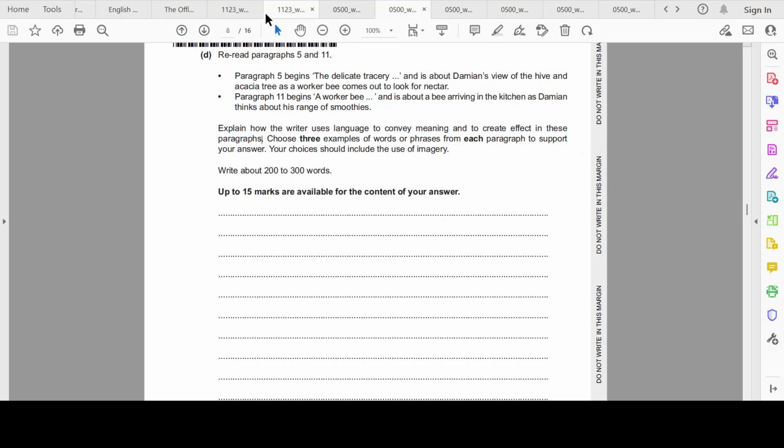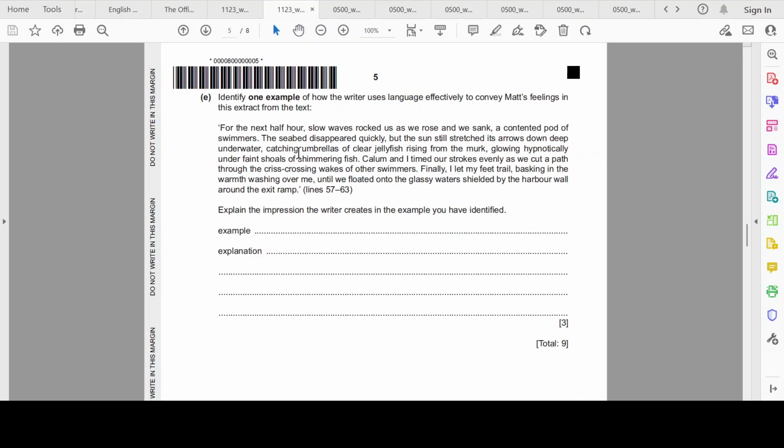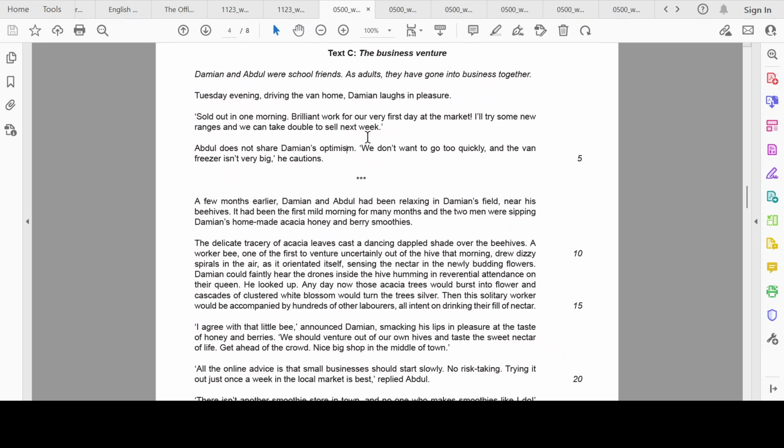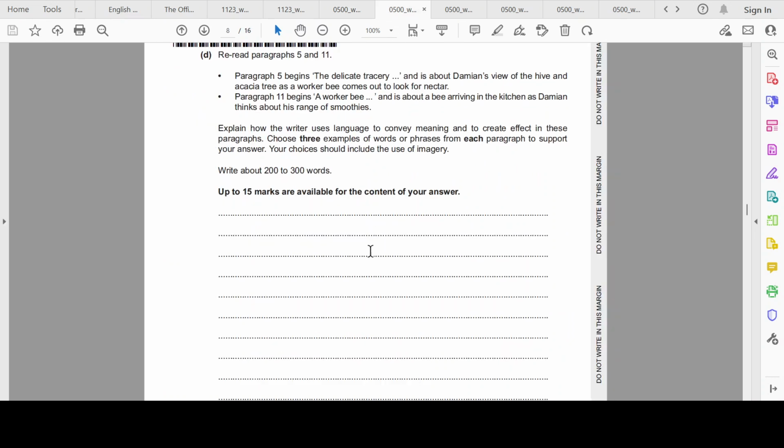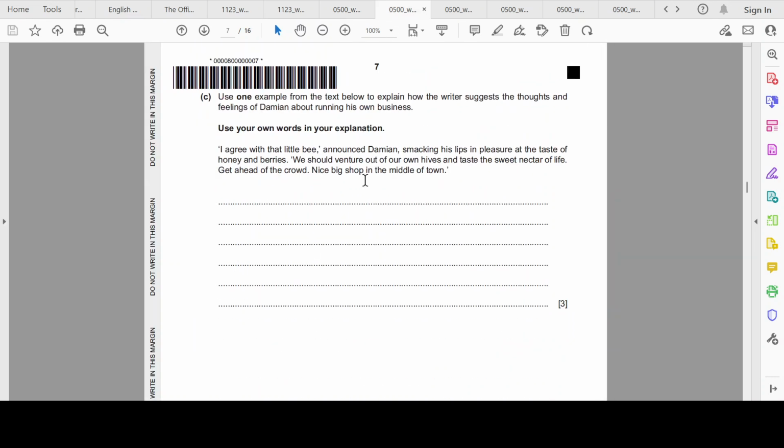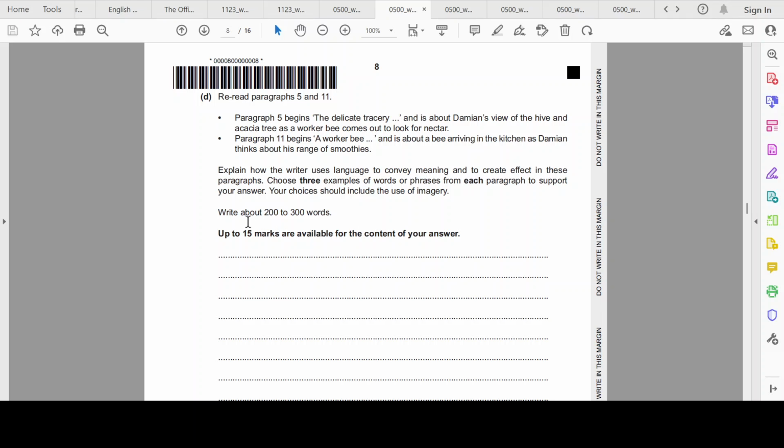So it's similar to this, and similar to this question as well. Only difference is instead of giving you a few lines to focus on, they're giving you the whole paragraphs. And so they're telling you from each paragraph, choose 3 examples of words or phrases, so that's 6 in total, to support your answer.